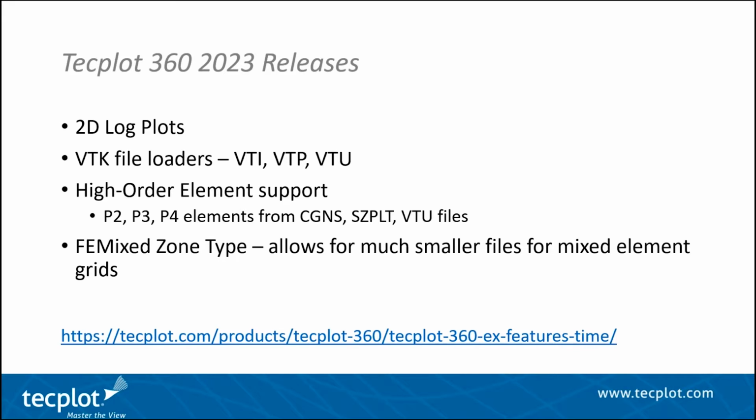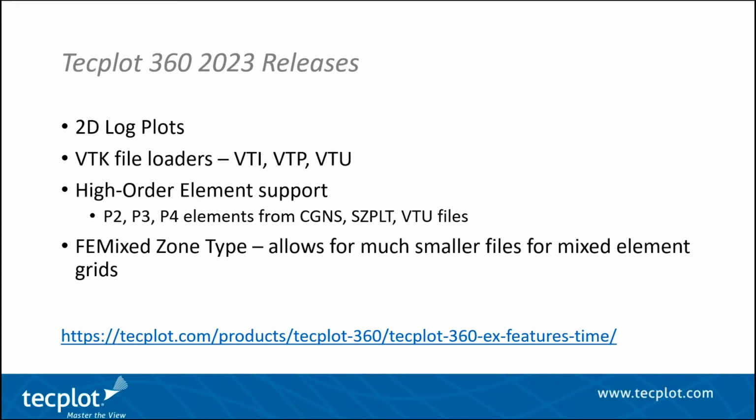So we support P2, P3, and P4 elements from CGNS, SCPLT, and VTU files. CGNS has a really good set of documentation on the cell shapes, and that was our first implementation of higher order elements to support what was available in CGNS. So please take a look at that.